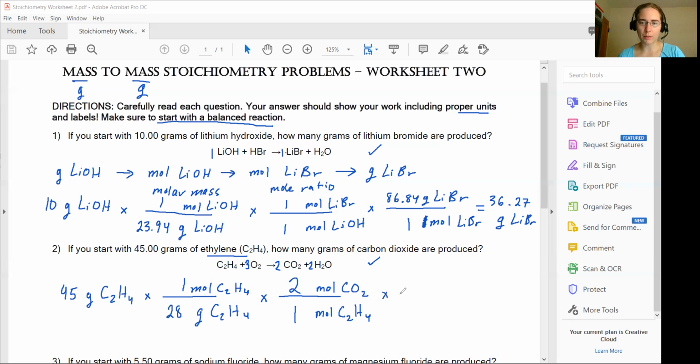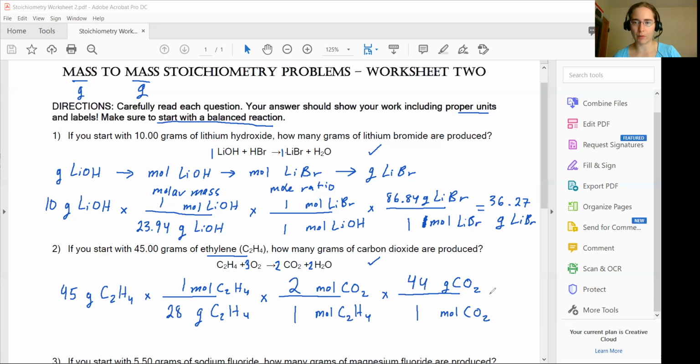And then the final step is to calculate grams of carbon dioxide. So grams is what we want, that goes on the top. Moles is what we want to get rid of, that goes on the bottom. And then here comes molar mass again. The molar mass of CO2, if you add it up, is 2 times 16 from the oxygens plus 12 from the carbon, which comes to 44 grams per mole.